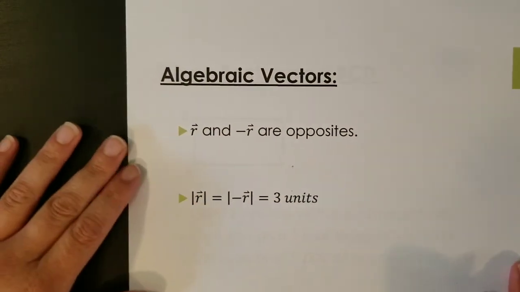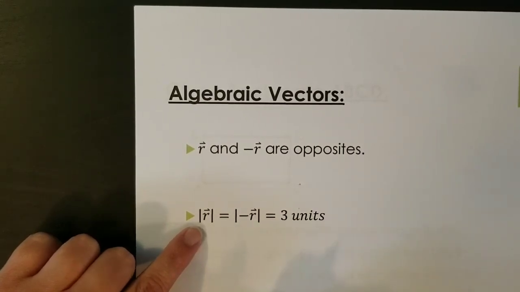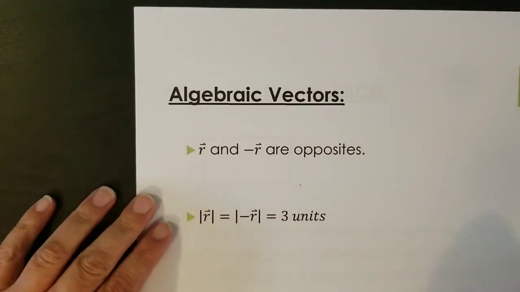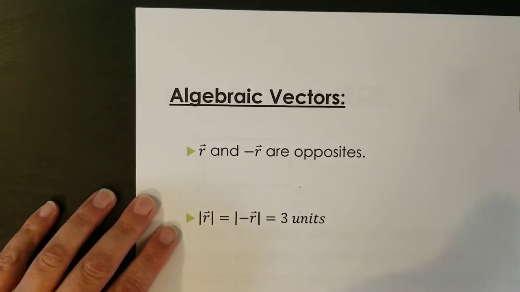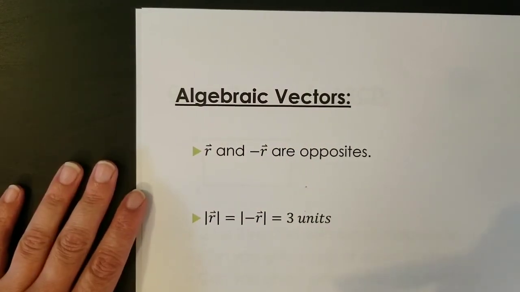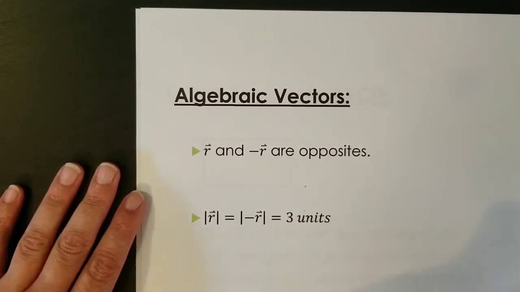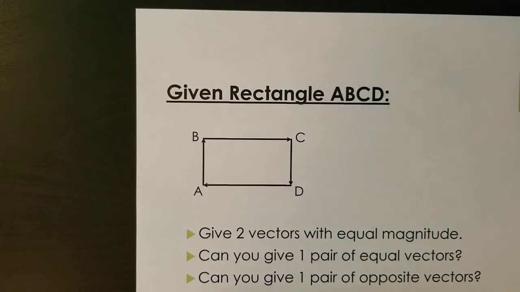We're going to have the same kind of notation for magnitude with algebraic vectors. We would still have opposite vectors and equal vectors, and the notation is pretty much the same, just with that way of defining it by where it ends up if it starts at the origin.